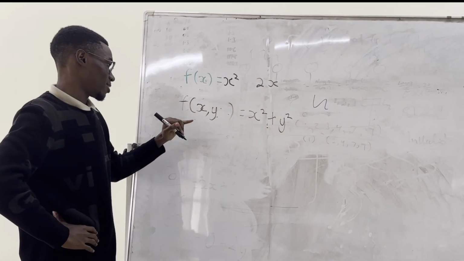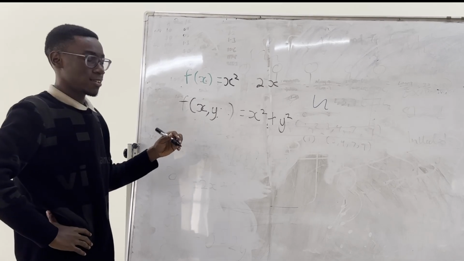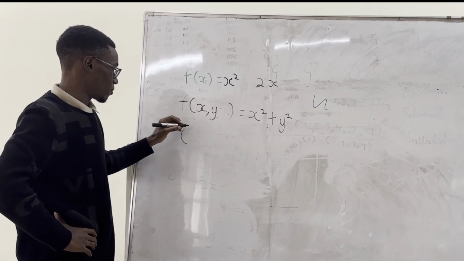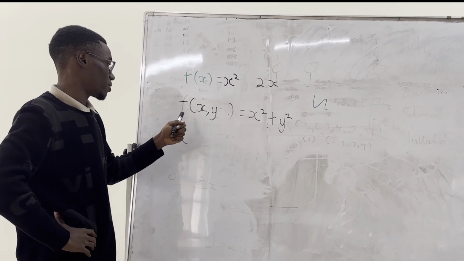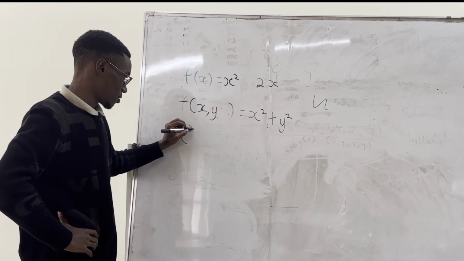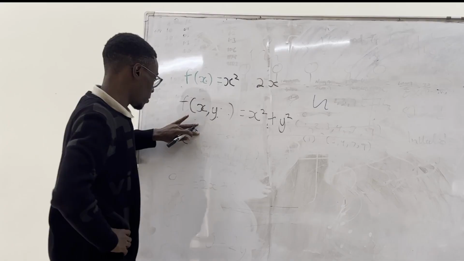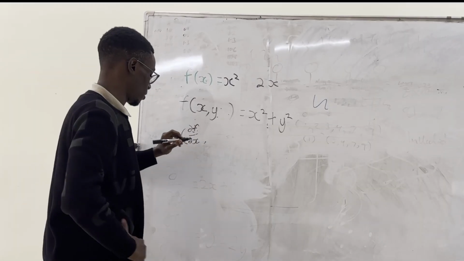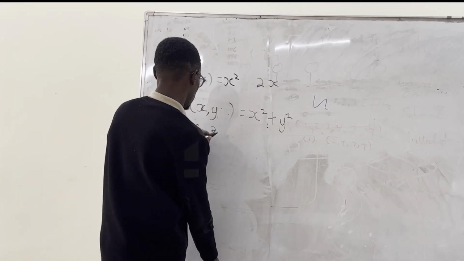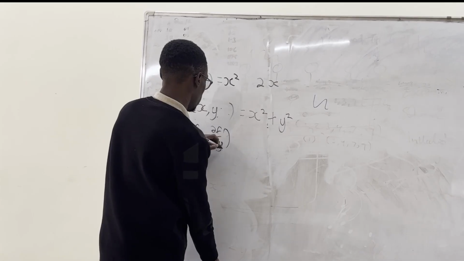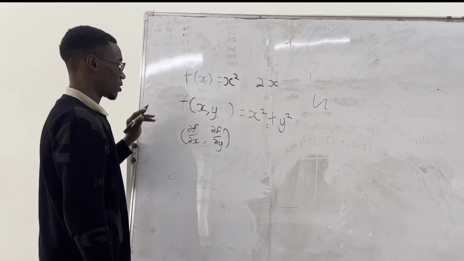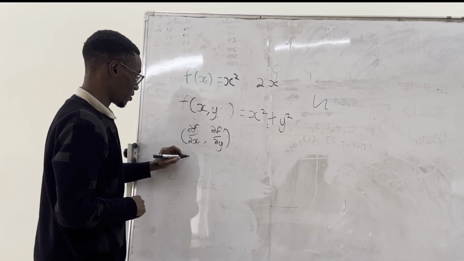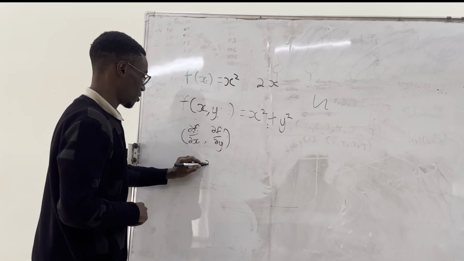In this case, the gradient we take to be the point whereby the partial derivative with respect to x, f x, and the partial derivative with respect to y, are evaluated. Here we got 2x and 2y.